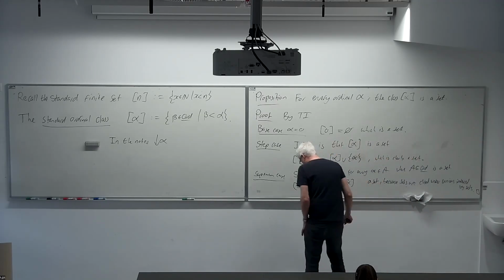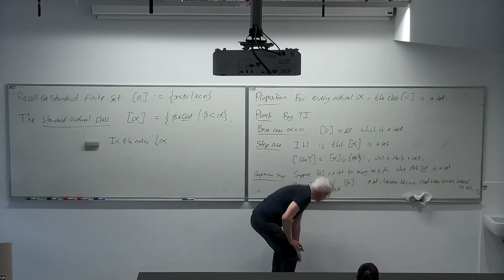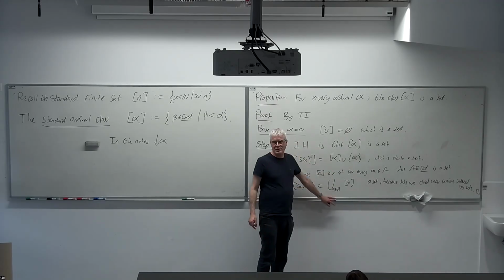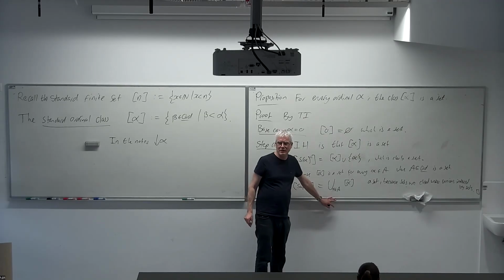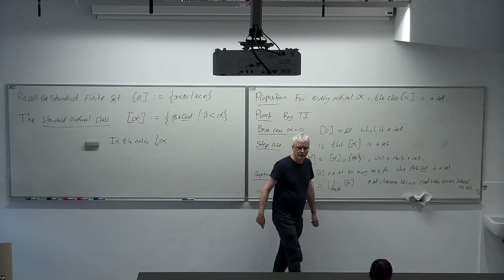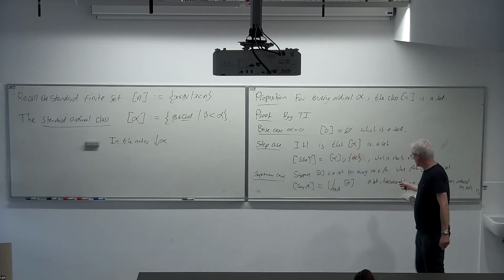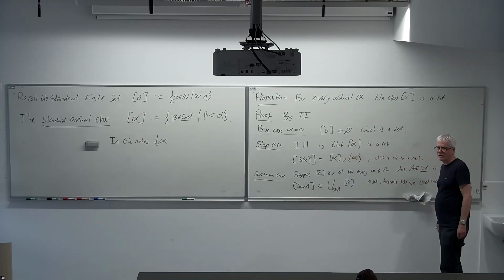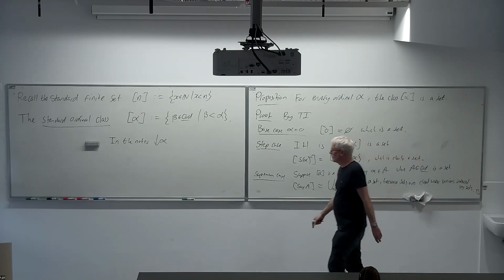So I wish I'd actually done this in this way in the first lecture, but the axiom that a set-indexed union of sets is a set is equivalent to the conjunction of the axioms of union and replacement. It's a straightforward exercise to prove it.